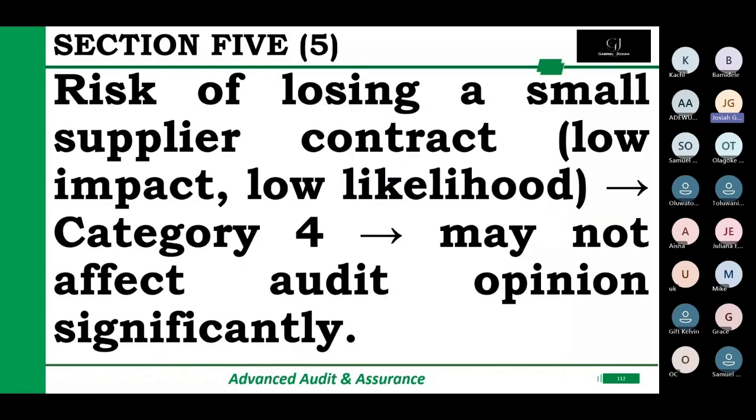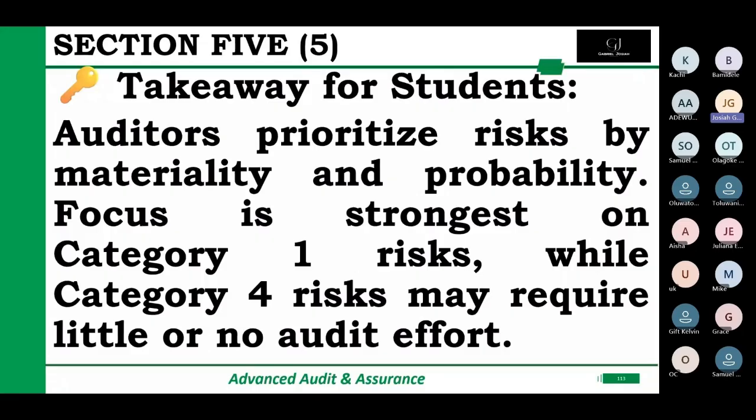Then the risk of losing a small supplier contract, which has low impact and low likelihood, may not affect audit opinions significantly, which is category 4. So categorizing these risks based on their high, medium, low threshold would help put proper perspective to auditors in helping to evaluate risk properly.